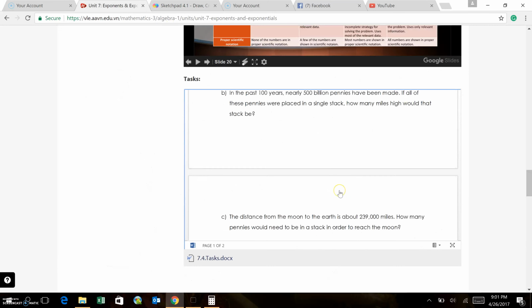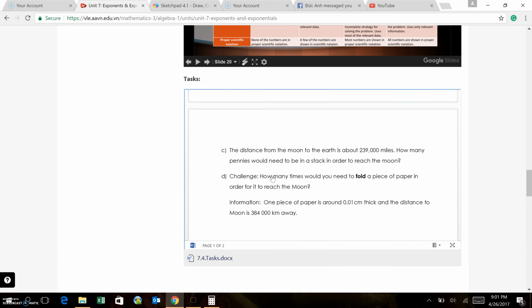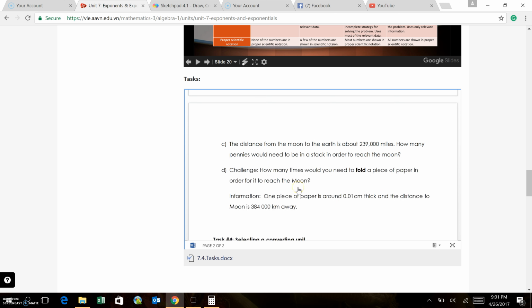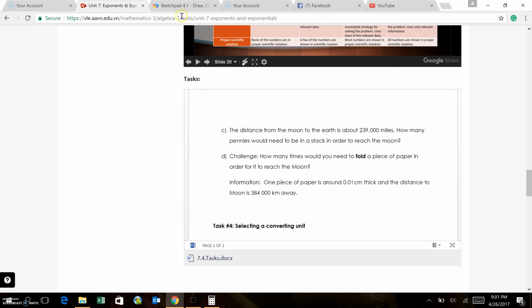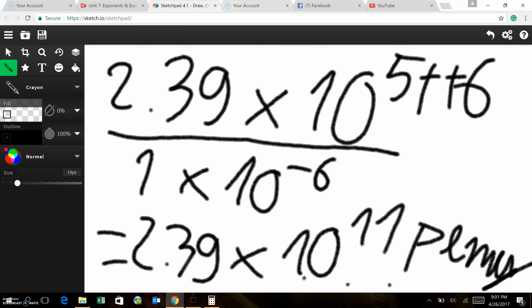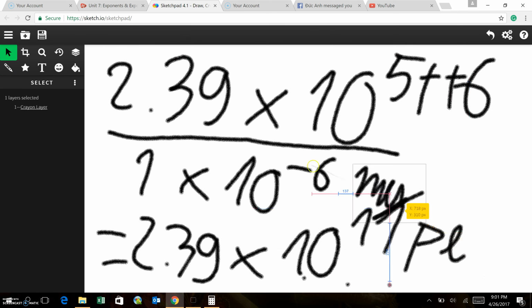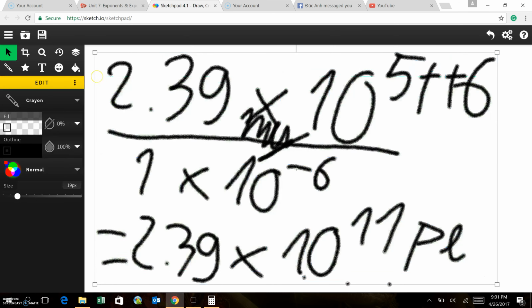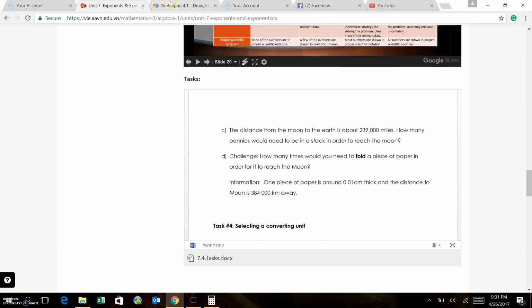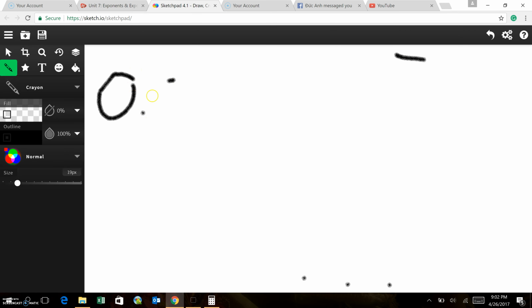Okay. Now I'm gonna move to the challenge one, question D. It's kind of similar, but it's just a different measurement. So I'm just gonna take 0.01 divided by 1.